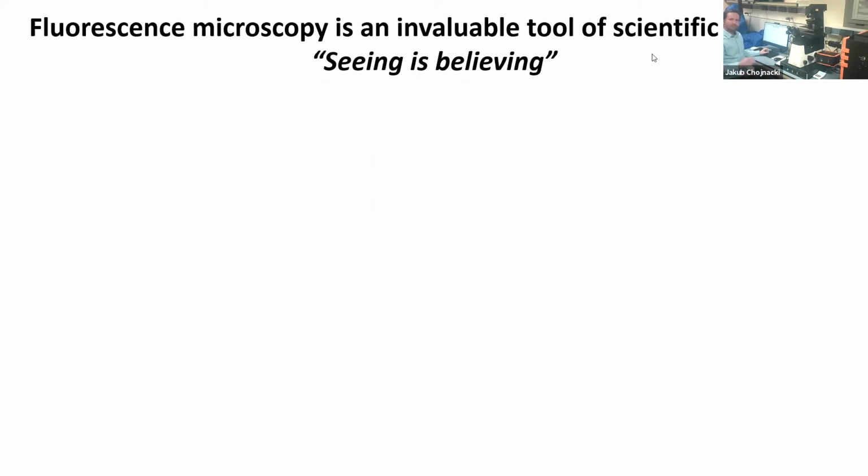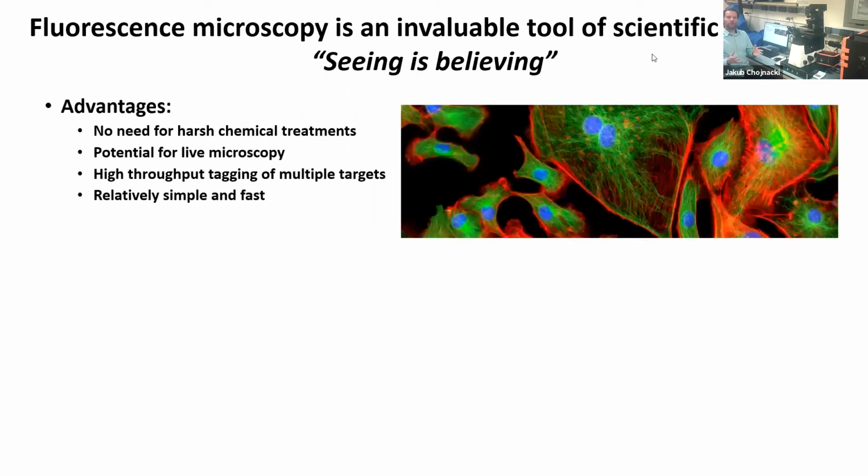And so, what are some of the features of fluorescence microscopy? Why is it useful to scientists? I'll go from the start. First of all, when studying biological systems, we often want to avoid any harsh chemical treatments.